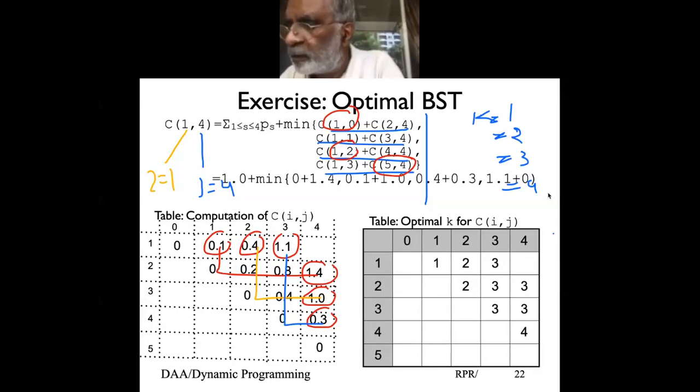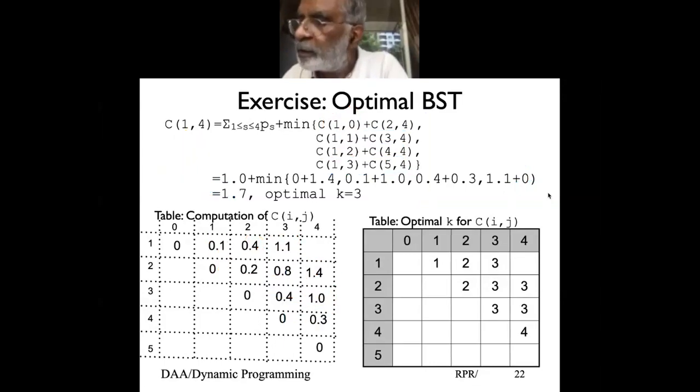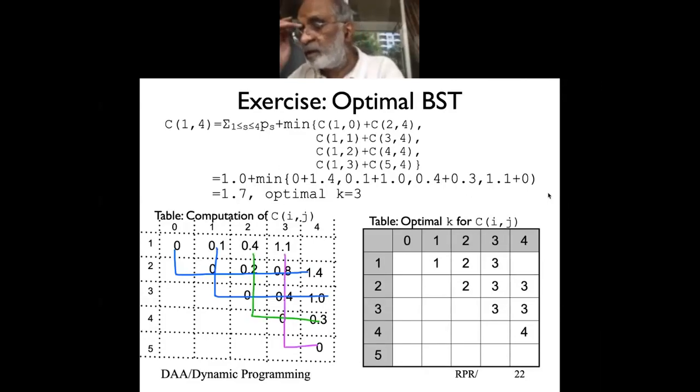Sorry, I made a mistake there. C14 would be C10, so finding min of this and this, min of this and this, min of this and this, and min of this and this. This is the fourth thing we're trying to find out.